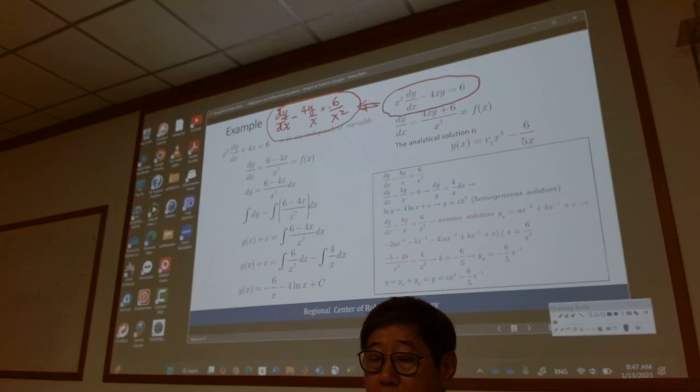You can modify this one to this one. So I try to make the first term like a mono order. So in this case, this is linear, right?